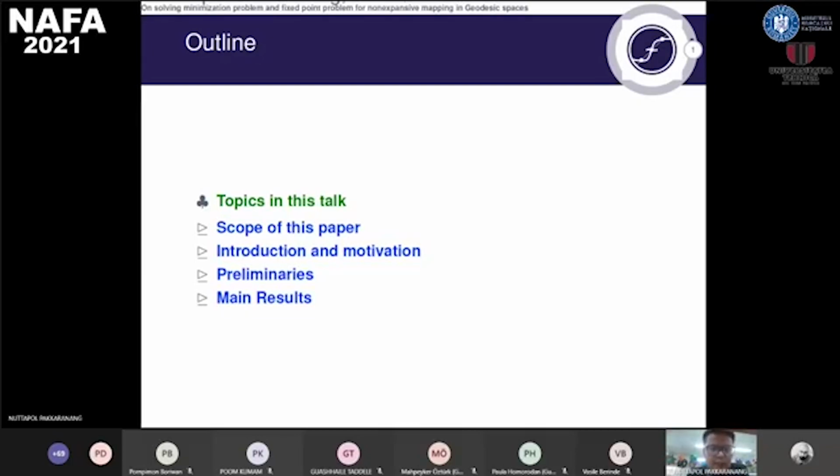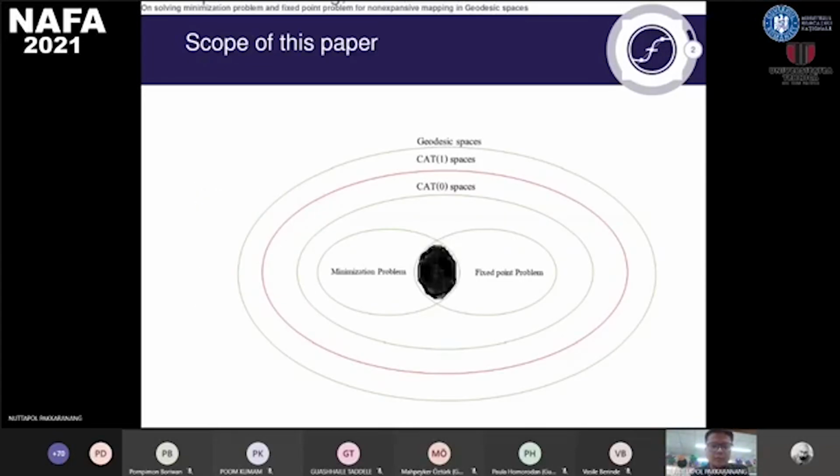The next is the introduction and motivation. The next is the preliminaries, and the last is the main result. For the scope of this research paper, I study geodesic space, in particular CAT(1) space, to find the common solution of the minimization problem and the fixed point problem.